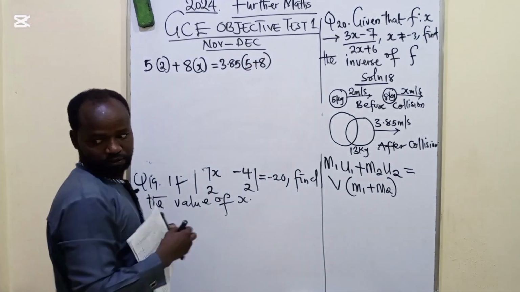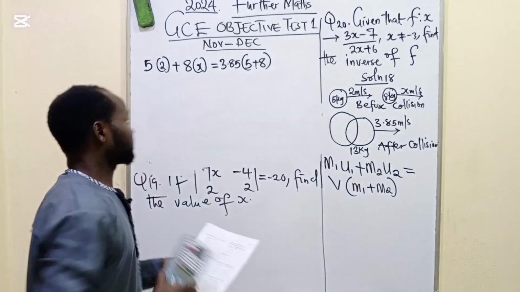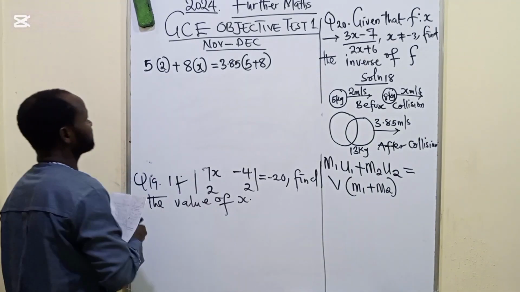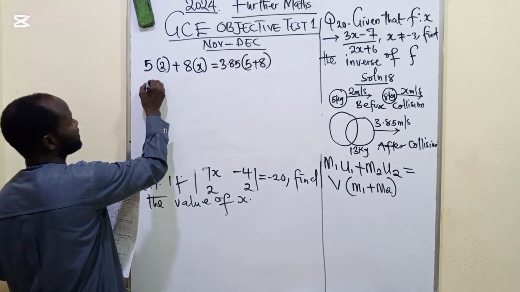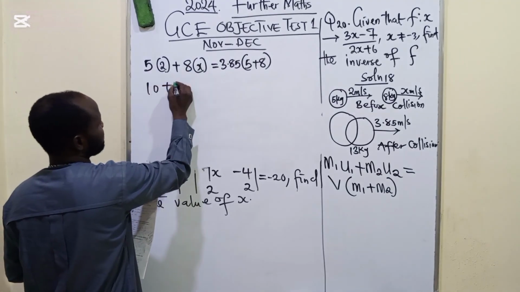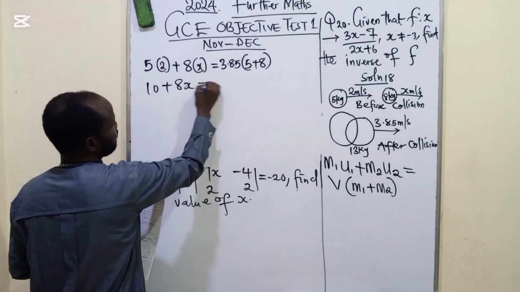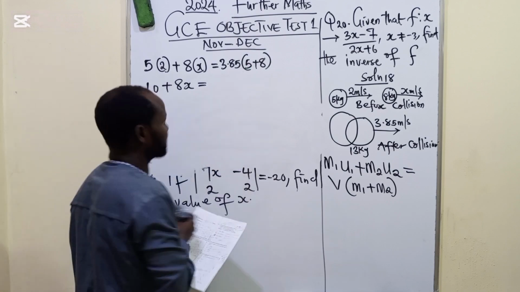So 5 times 2 is 10, plus 8 times x, that's 8x, equals 3.85 times, we add this and multiply.